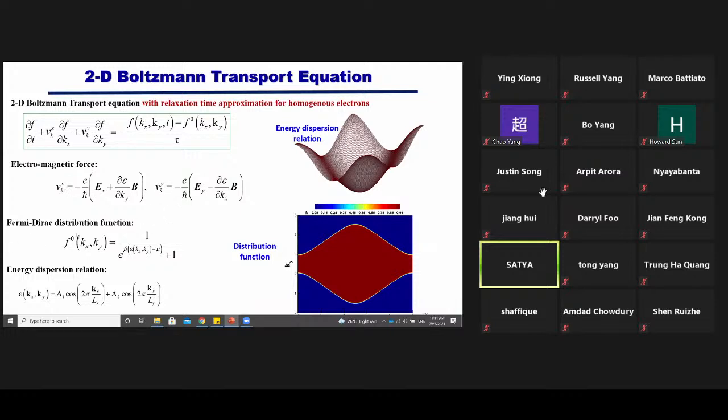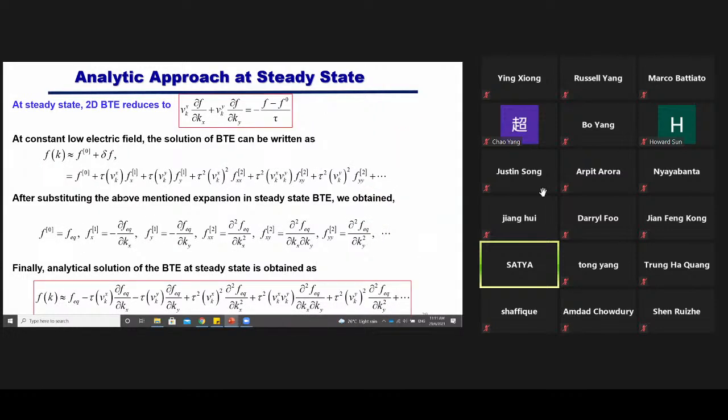We are using the Fermi-Dirac distribution function, and for the energy dispersion relation, we are taking the tight binding energy dispersion relation, and this is the picture of these assumed functions.